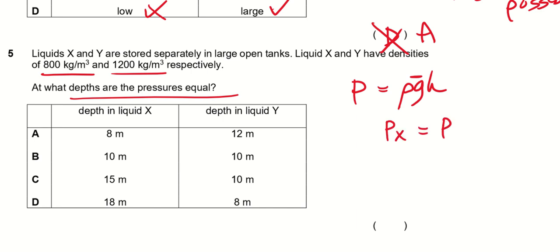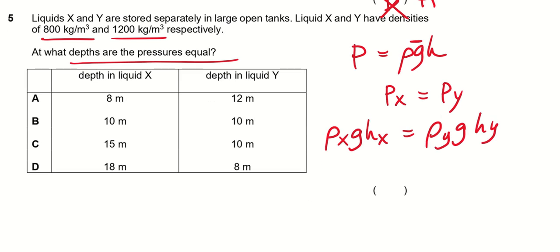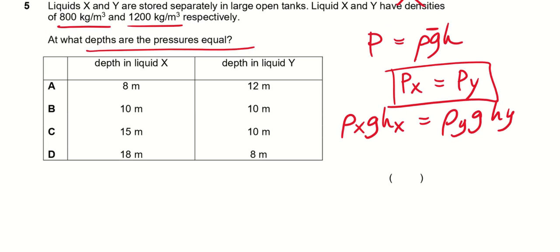Px must equal Py. Then, can I say that rho x g hx equals rho y g hy? In solving physics questions, it is common to find things that are common between the two cases.